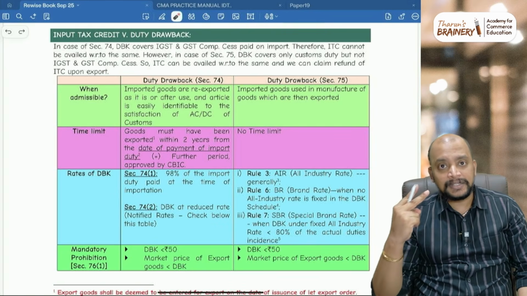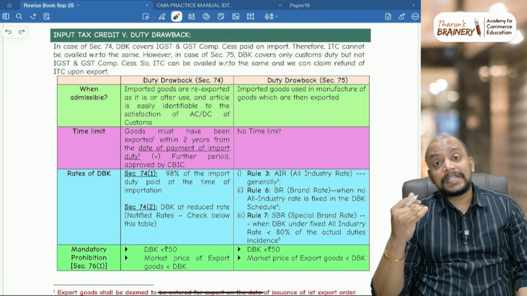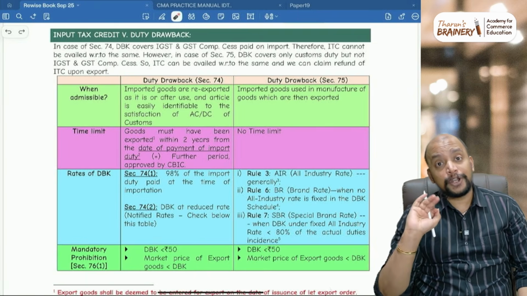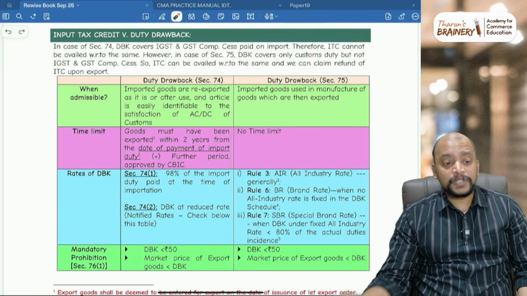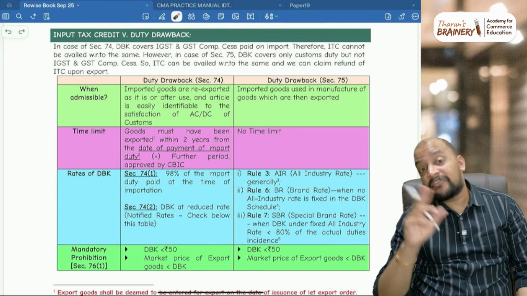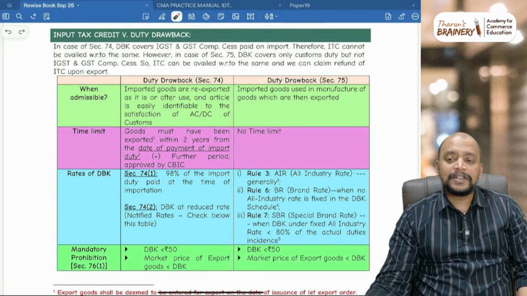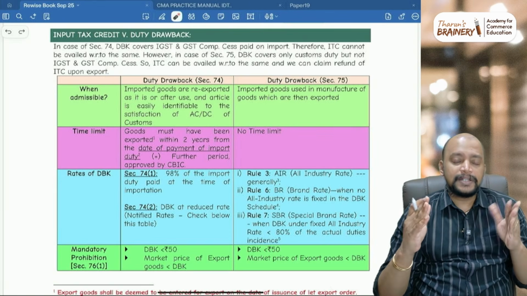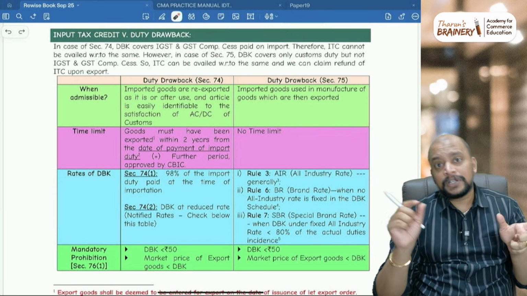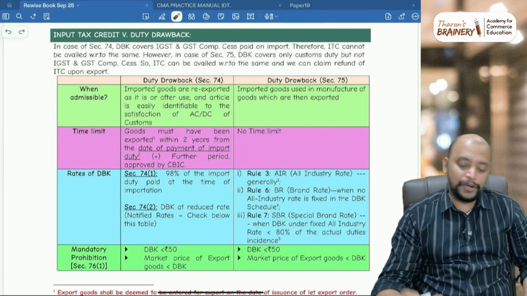So the 2% is the loss. Whereas 74 subsection 2 duty drawback is when imported goods are exported as such after use. Then we need to determine the period of usage. Depending upon the period of usage, the duty drawback rate will be notified.